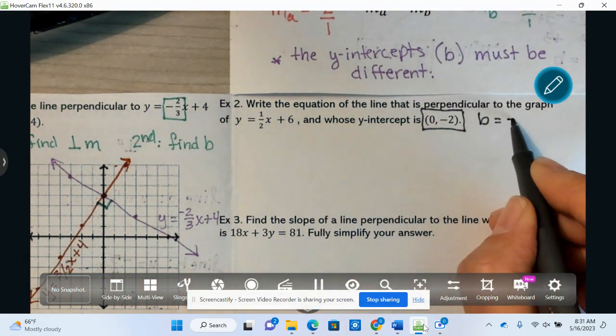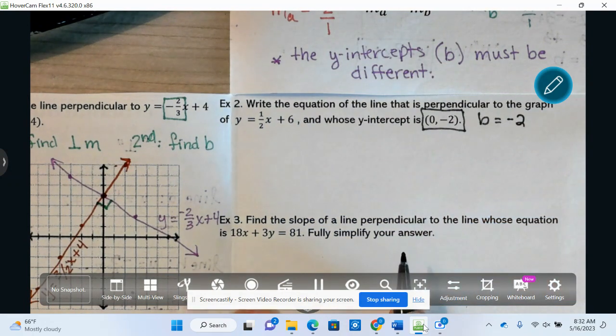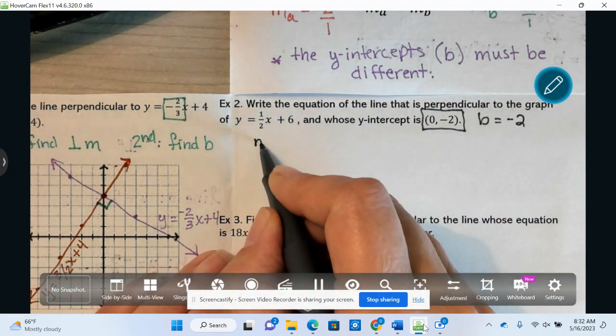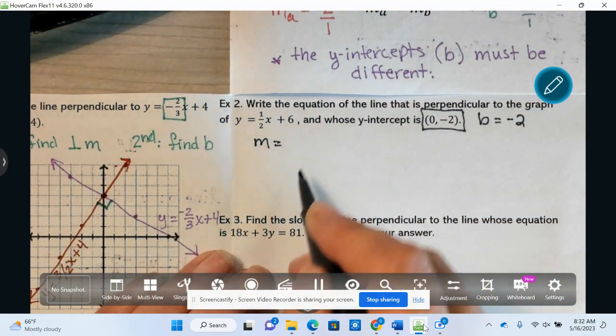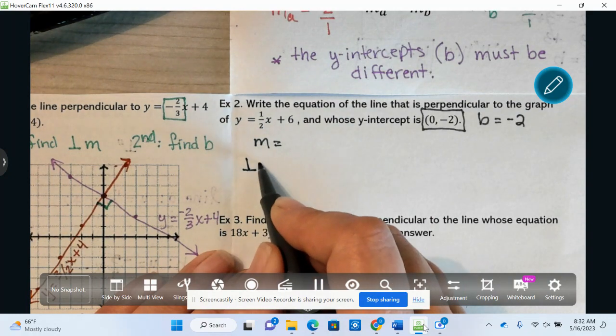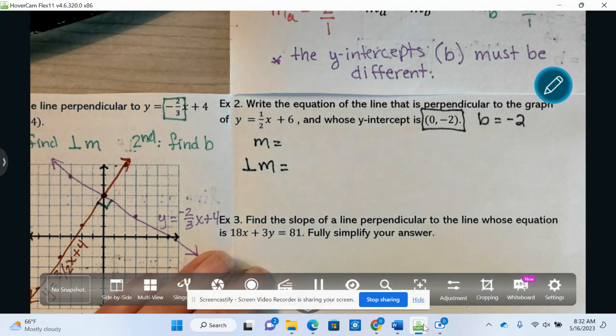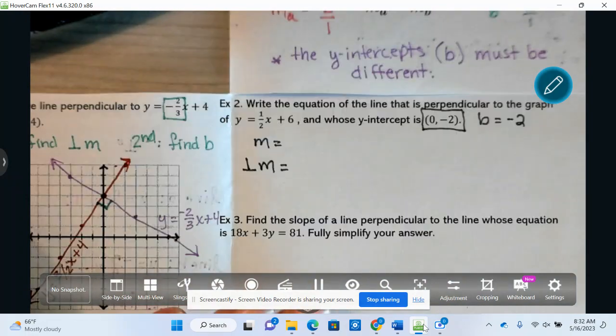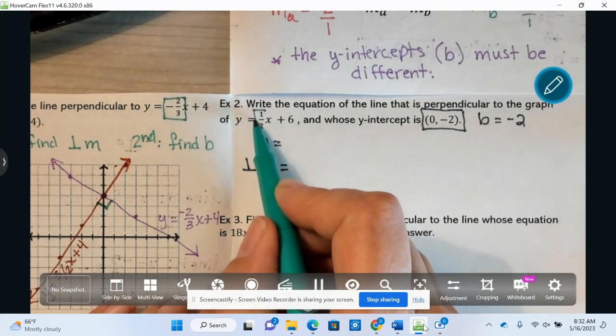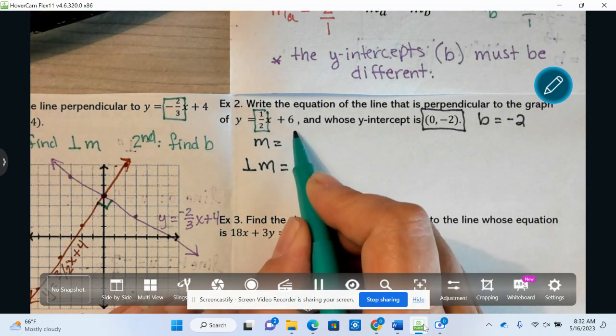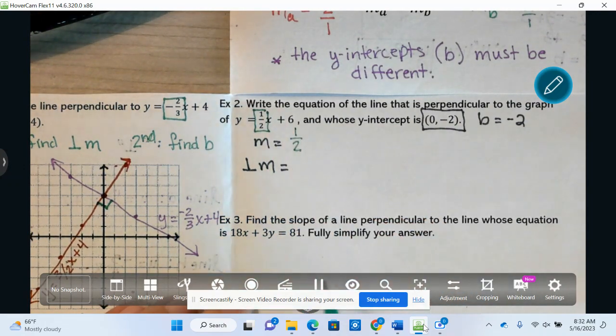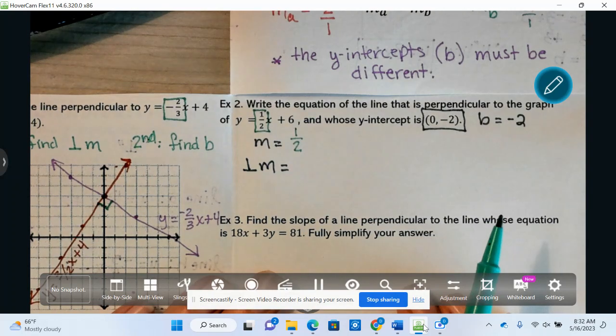This is telling me that my y-intercept is negative 2. So all I have to do is find the slope from the original equation and then find the perpendicular of that. So what is my slope of the given equation? Not x, just 1/2. So my slope is 1/2.